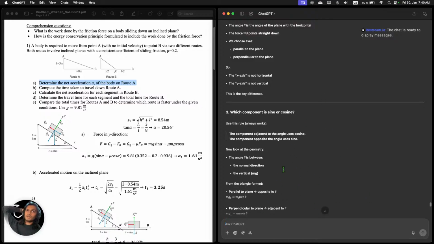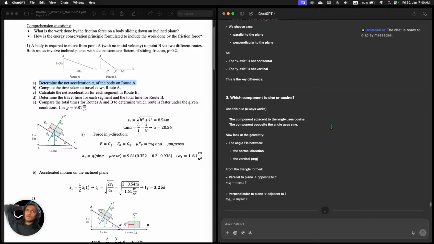Okay. The component opposite the angle is sine. Opposite, sine. And this one would be cos.